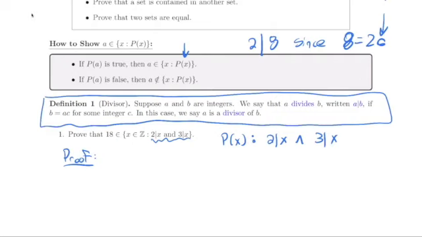In order to show that X is an element of this set, and I suppose there's a third condition here, which is that it's an integer. As long as all those conditions are satisfied, we're good.